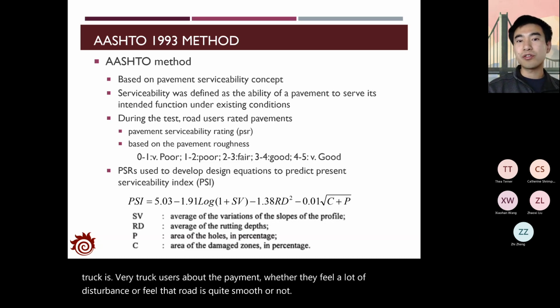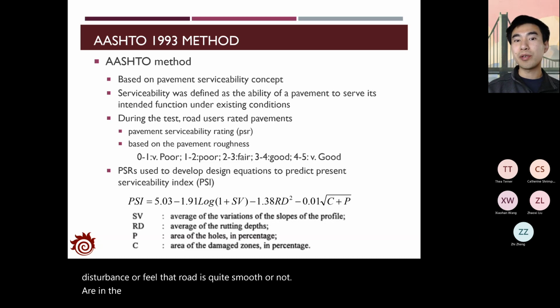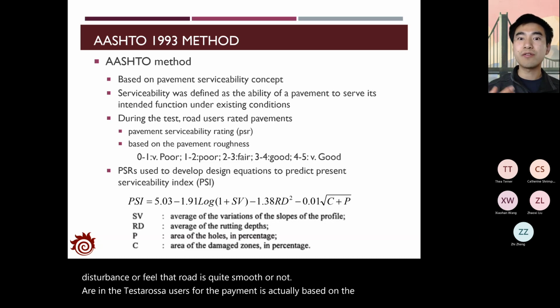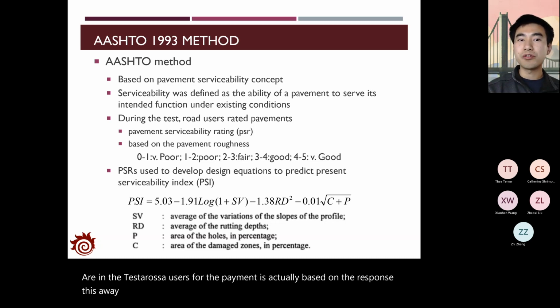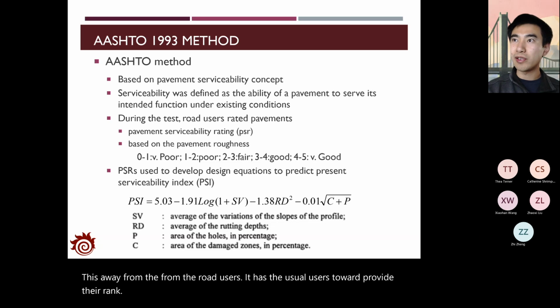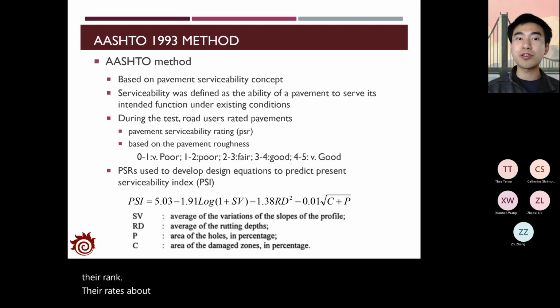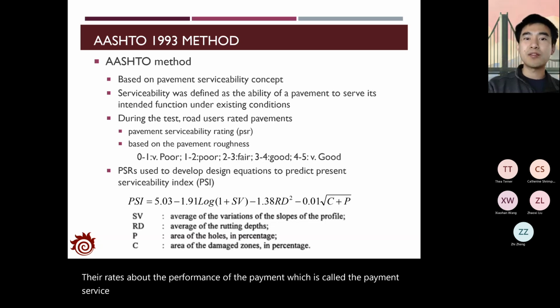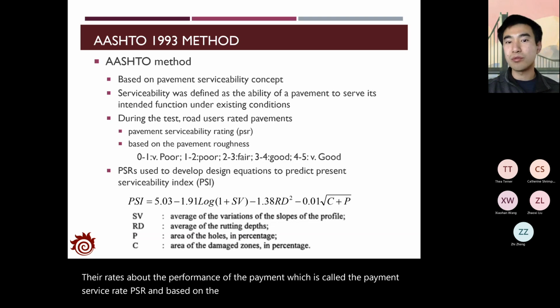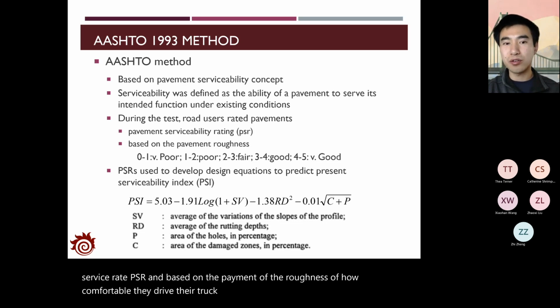In the test, the road users will provide their rank, their rate about the performance of the pavement, based on a survey. This is called the pavement serviceability rating (PSR), based on the roughness and how comfortable the truck driver is running on the road.